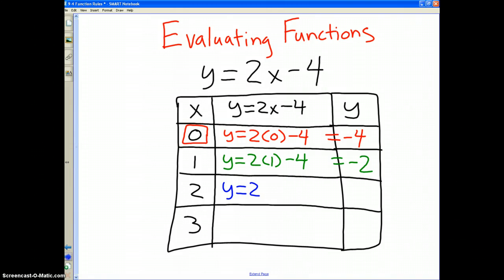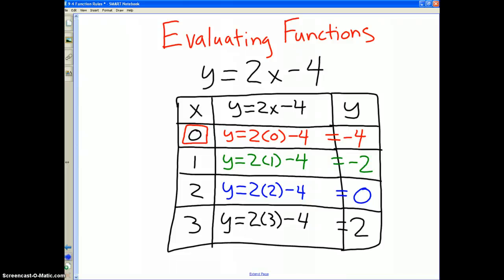Y equals 2 times 2 minus 4 equals 0. 2 times 2 would be 4. Minus 4 is 0. And the last one here at the bottom, y equals 2 times 3 minus 4 would give us a positive 2. 2 times 3 is 6.